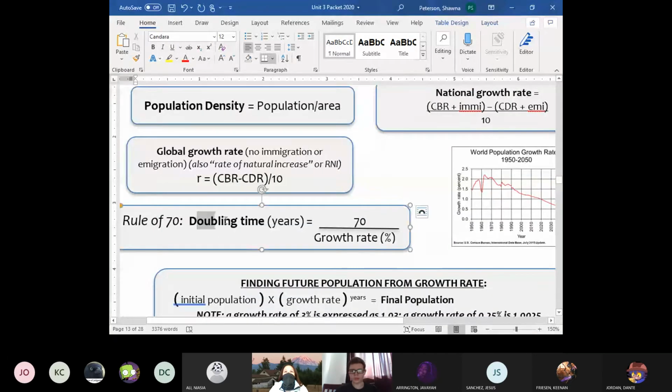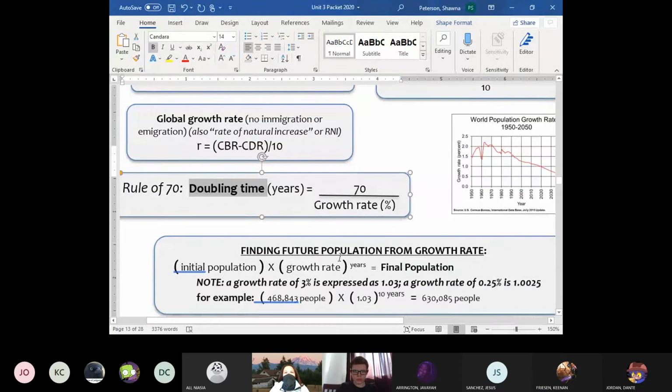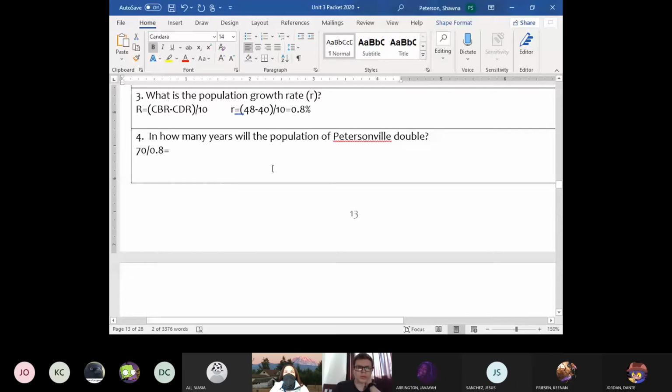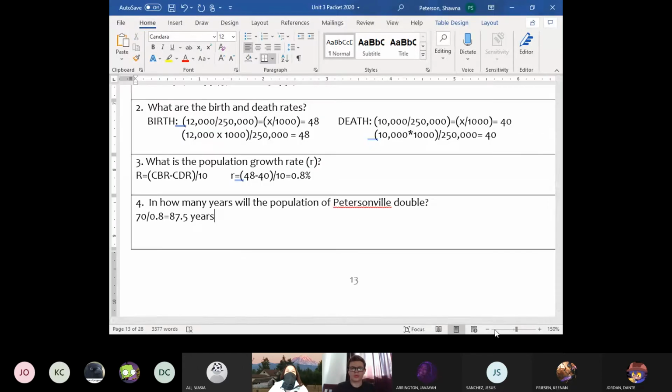This is doubling time. We always have the number 70 on top, and then we divide it by our growth rate. We figured out in number 3 that our growth rate is 0.8%. So I put it down in here. Jesus, you are correct: 87.5 years.